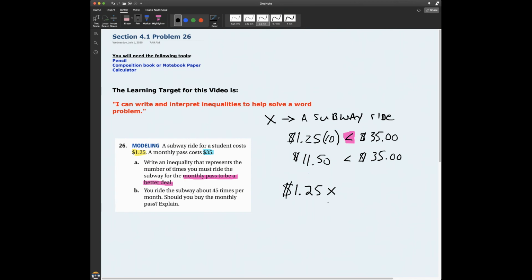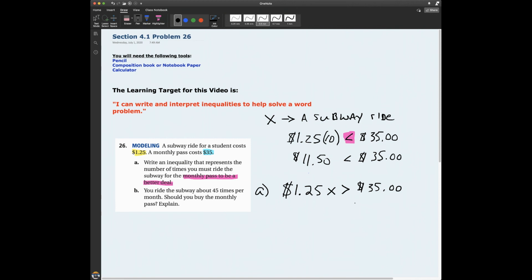So $1.25 times the number of subway rides, I want that to be greater than the cost of the monthly pass. Okay, so this is part A. I just wrote an inequality that says, hey, take $1.25, multiply it by the number of times you ride the subway, and we want that to be greater than the cost of the monthly pass.